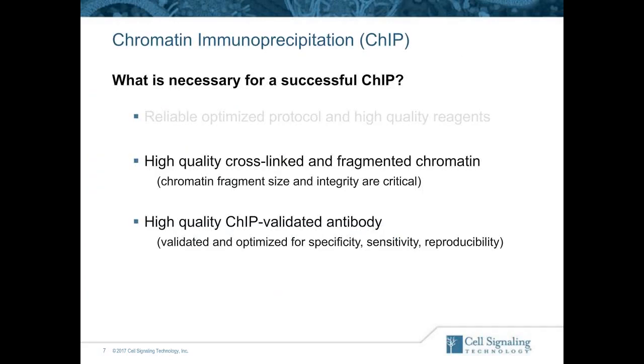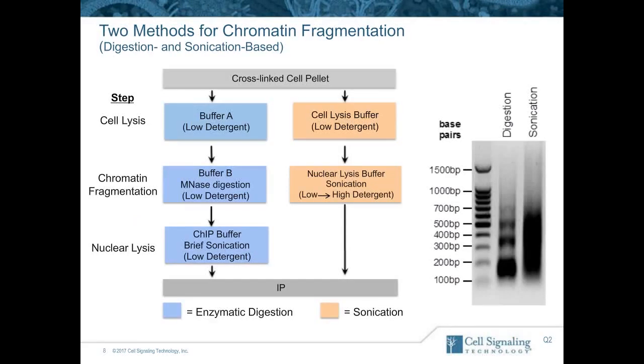So next, I want to spend some time talking about cross-linking and fragmenting the chromatin. So there are two methods that can be used to fragment chromatin: enzymatic digestion, shown here on the left in blue, and sonication, shown here on the right in orange. So with enzymatic, cells are lysed in a low detergent buffer.